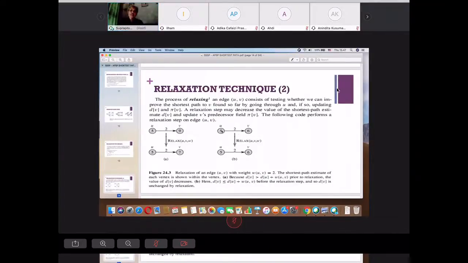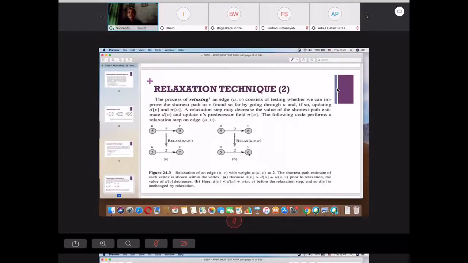It means the vertex U will not be selected in the path from S to V. And the predecessor of V will not be updated, right? Because when we use this predecessor, the weight of the shortest path from S to V is incremented by 1 instead.